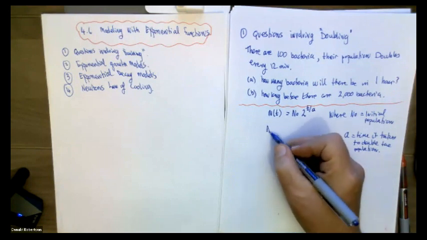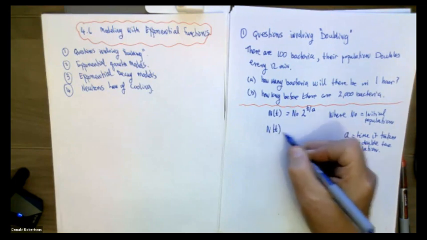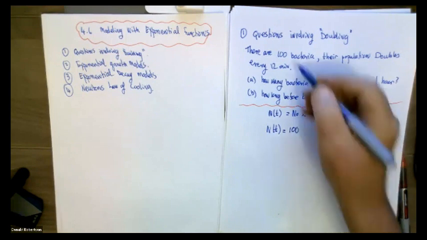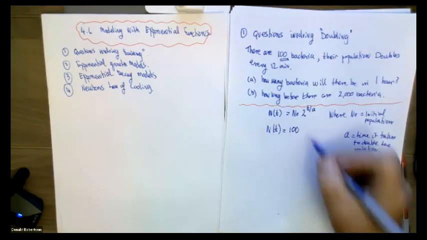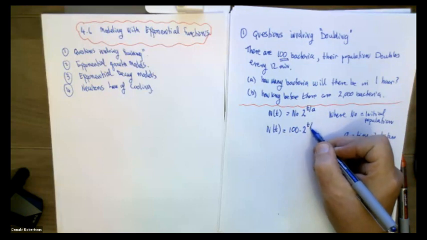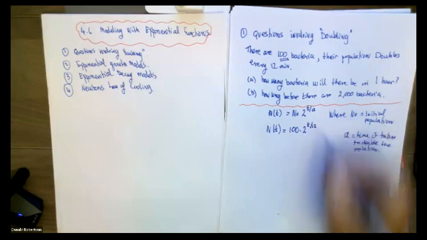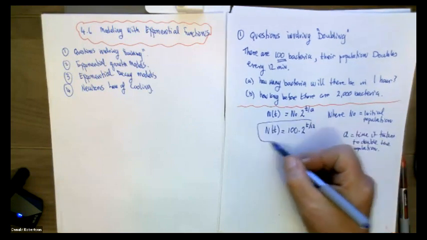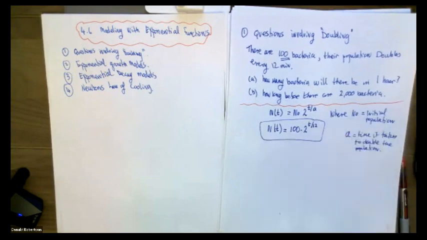So in this story, the formula we're going to use is 100, because you start with 100 bacteria, times 2 to the power of t over 12. Time is going to be in minutes in this story. Sometimes time is years, sometimes hours. In this case, we know it's minutes. So this is the formula that's going to generate all the other answers.